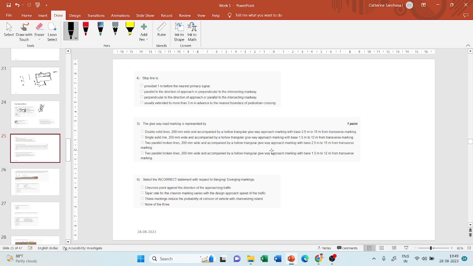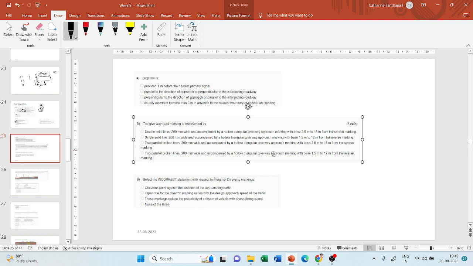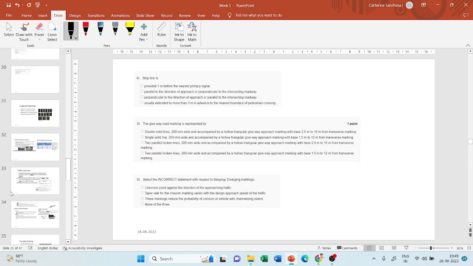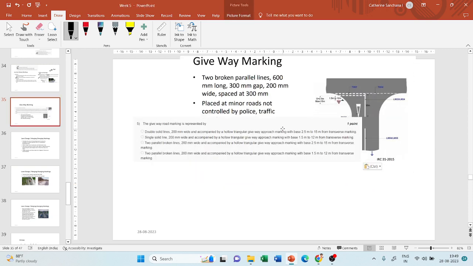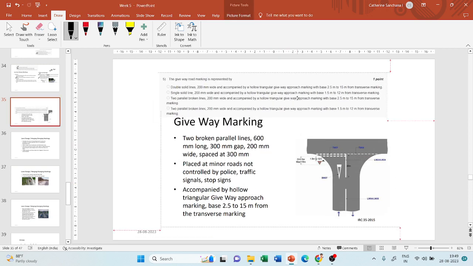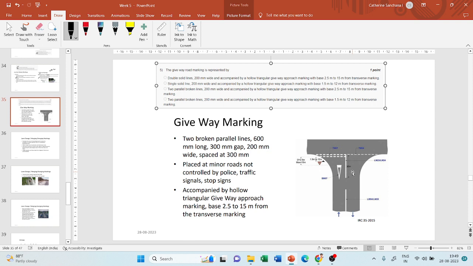So the give way road marking is represented by what? We go to give way. Okay, so is it double solid lines?